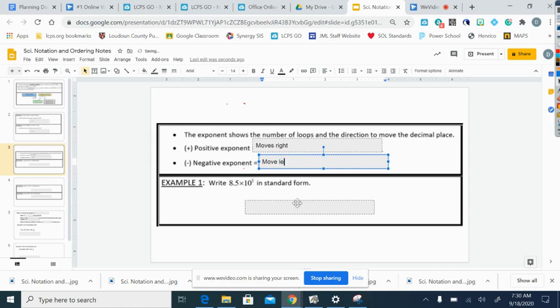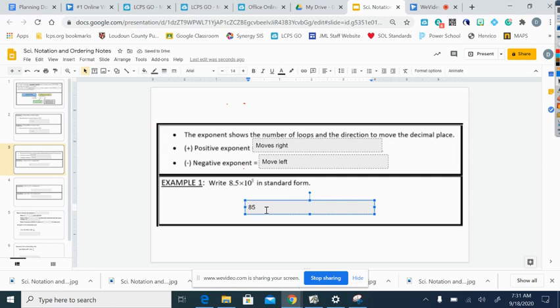So that's my example down here. We have 8.5 times 10 to the power of 5. So if I had 8.5, and I'll type 8.5 in here. Imagine I'm moving this decimal to the right. If I moved it to the right one time, that's 85.